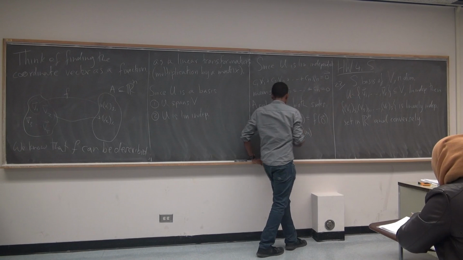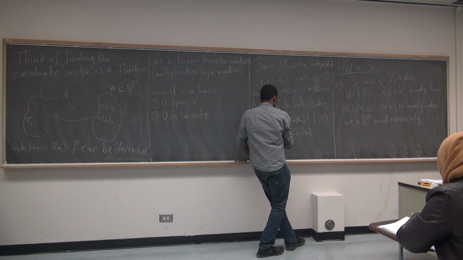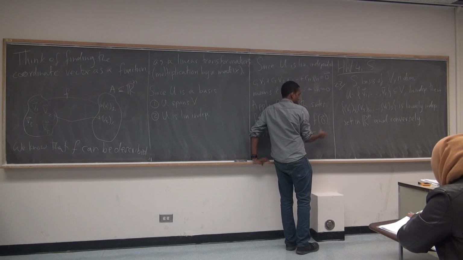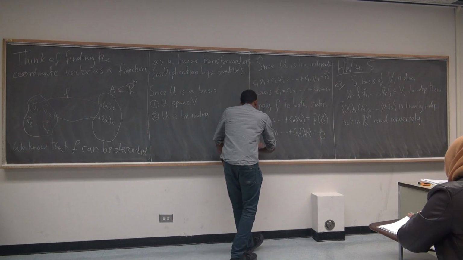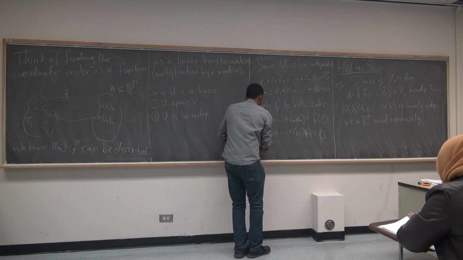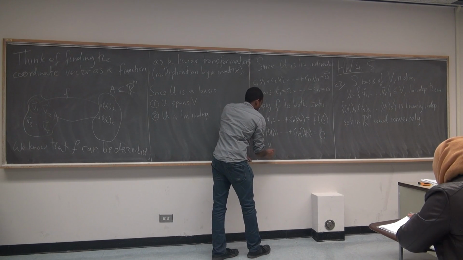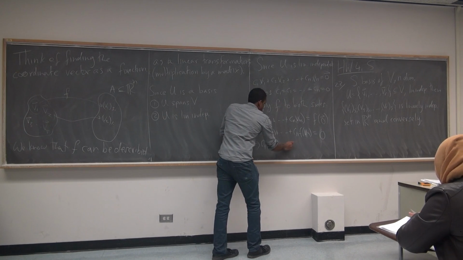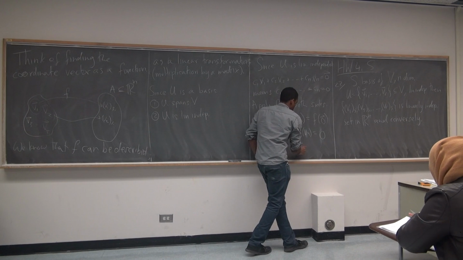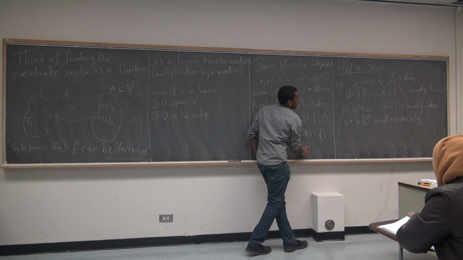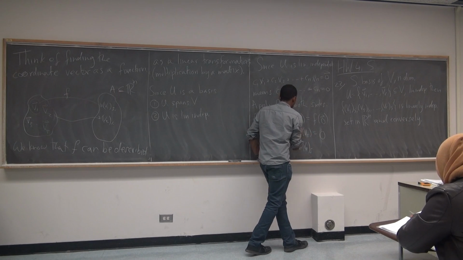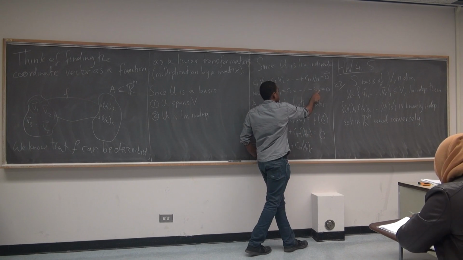And f, which is multiplication by a matrix, of the 0 vector gives us 0.